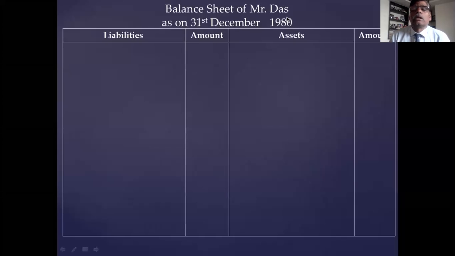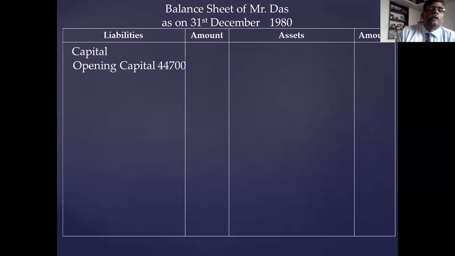Okay, Mr. Das, 31st December 1980, balance sheet. First capital. In the capital, you have to take opening capital. Opening capital is 44,700. This is already given in the problem, in the opening statement of affairs. Then you add NP, net profit.